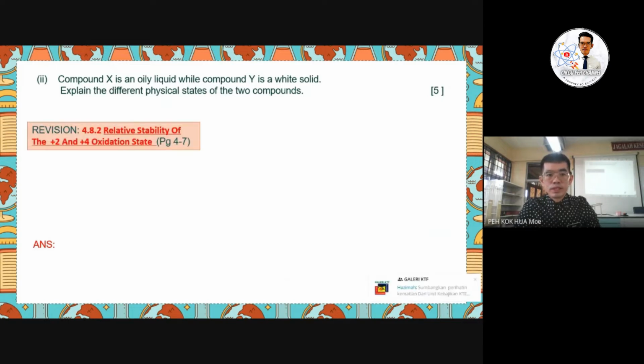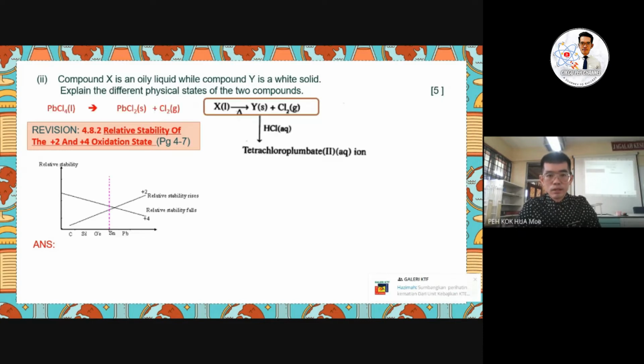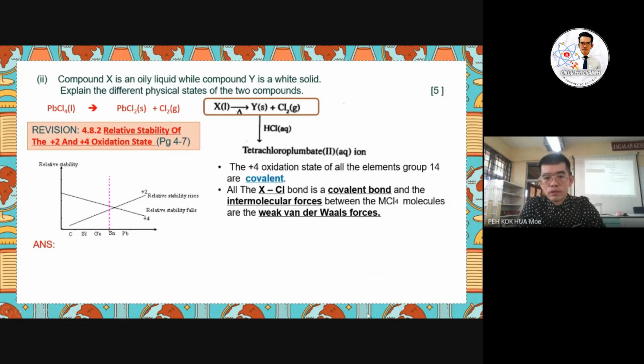we have to discuss the bond between compound X and Y now, okay. This is quite related to the stability of the oxidation state between +2 and +4. You can see that the +4 oxidation state of all group 14 elements is covalent.